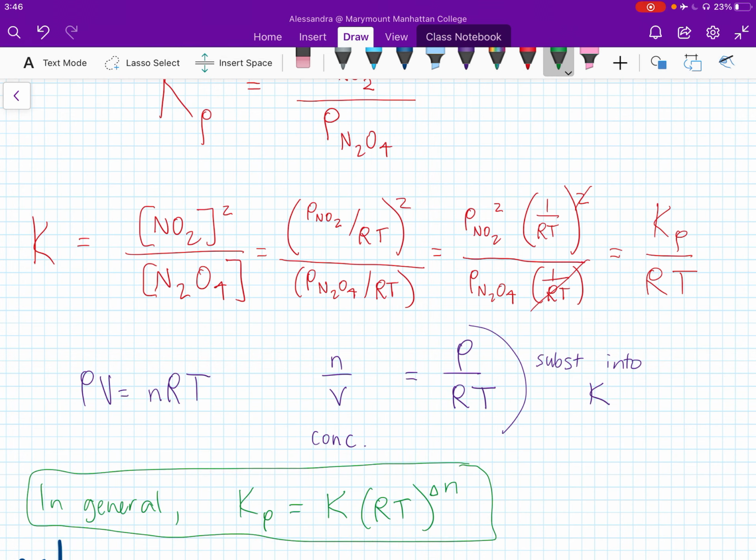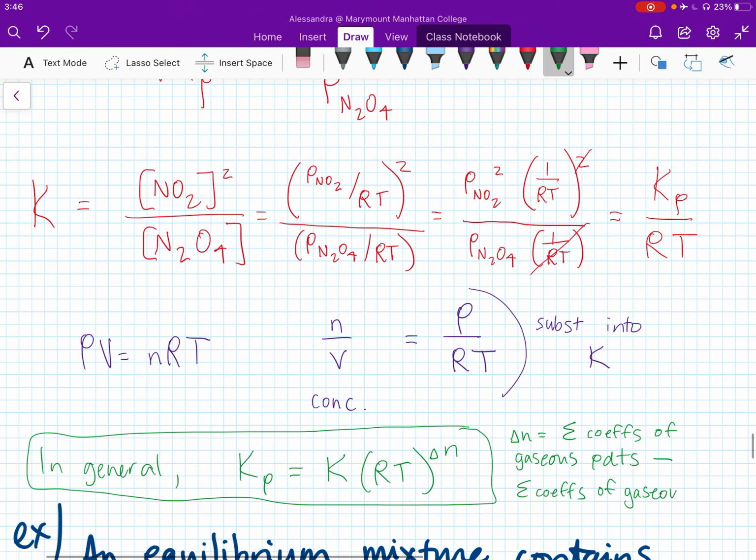Now, delta n is the sum of the stoichiometric coefficients of the gaseous products minus the sum of the coefficients of the gaseous reactants. That's a mouthful. So if I use that relationship, I can calculate Kp from K and vice versa for any reaction just by looking at the reaction's stoichiometry.